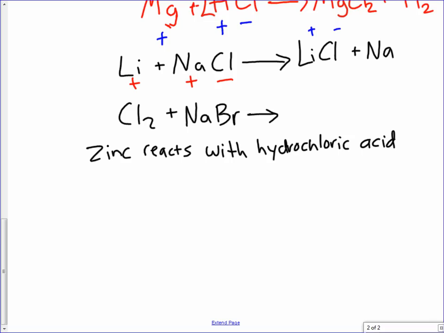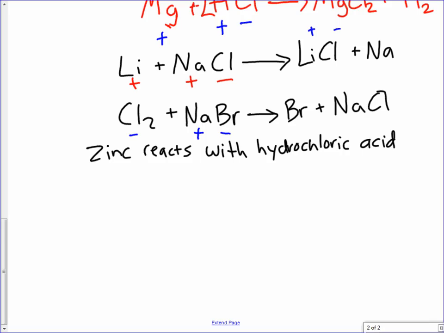For the next one, chlorine is a negative ion, sodium is positive, bromine is negative. So that means chlorine is going to be replacing bromine, the other negative ion. So we'll have bromine by itself and sodium and chlorine go together. Notice I'm ignoring the original subscripts.